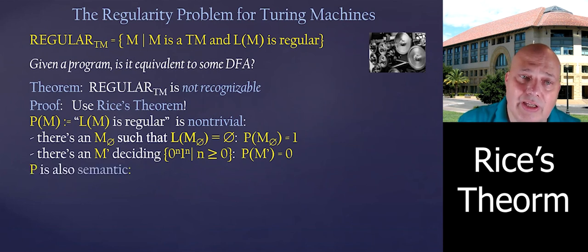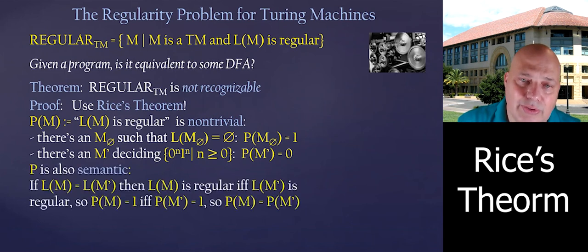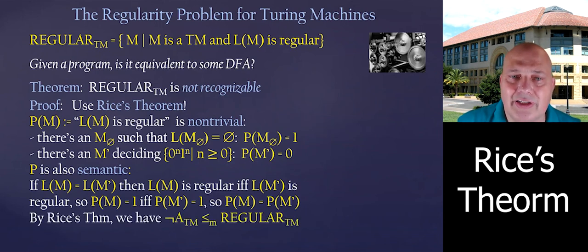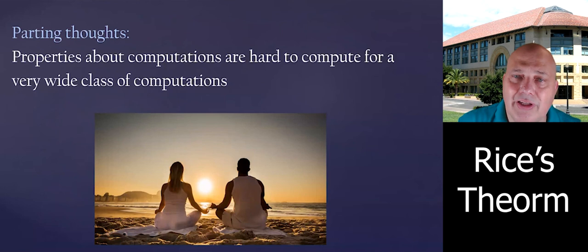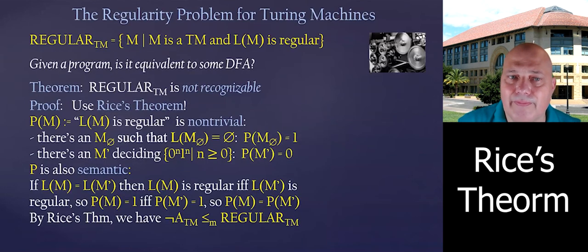It just depends on the language of M. And therefore, by Rice's theorem, we have that not A_TM is mapping reducible to REGULAR_TM, and we have that REGULAR_TM is not recognizable.